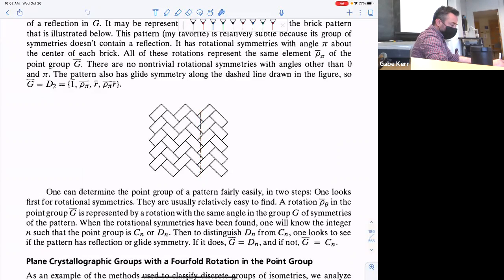Along this, there's a glide. So if you just reflect over this, it's not a symmetry, because this point would go to something that's not in this pattern. But if you reflect and then translate, you do get this symmetry. His point here is that you can look at the point group and it will contain a reflection, but the actual group does not contain a reflection. It's a glide reflection.